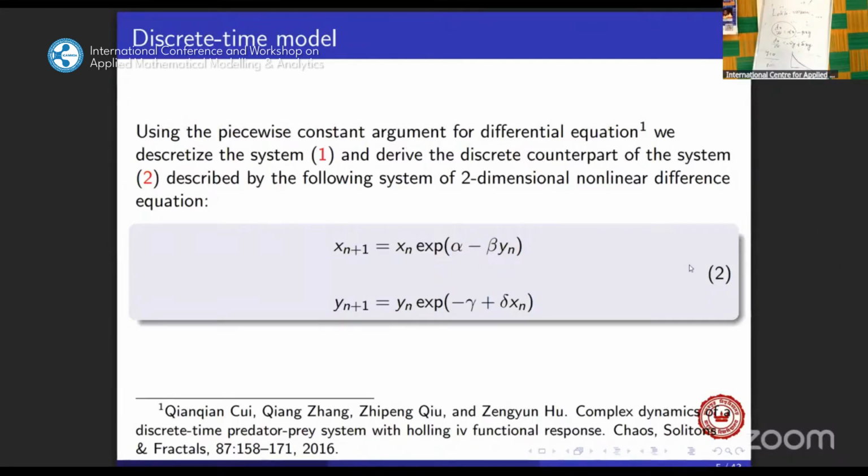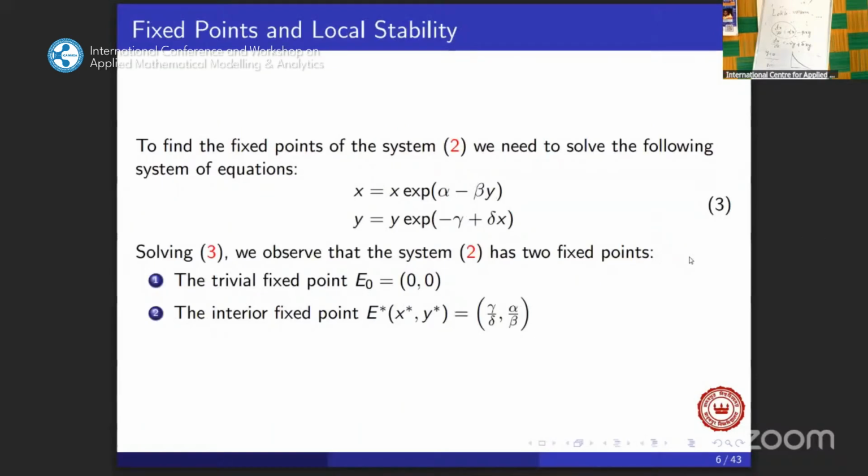Now we solve with the same method as the continuous process, but here is a trick. We consider x_{n+1} is equal to x_n e to the power alpha minus beta y.